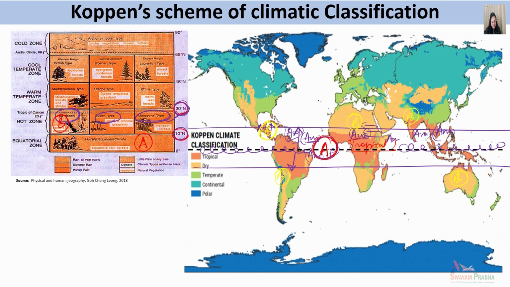Along the drier margins, you will have desert, but when you transition from Aw, that is savanna type of climate, towards the desert, somewhere in between you will have tropical grasslands, or BS type of climate also.